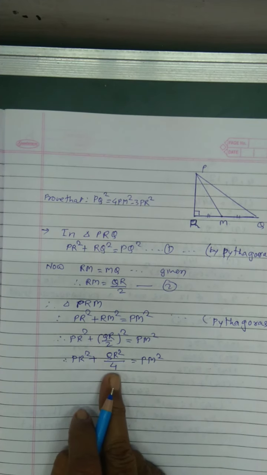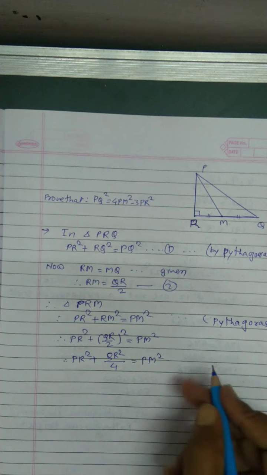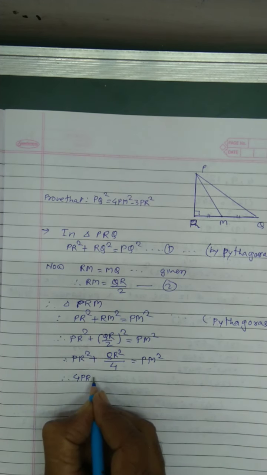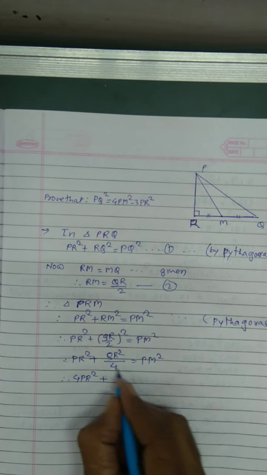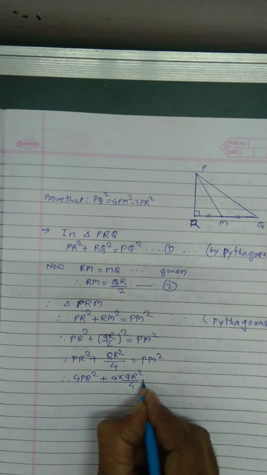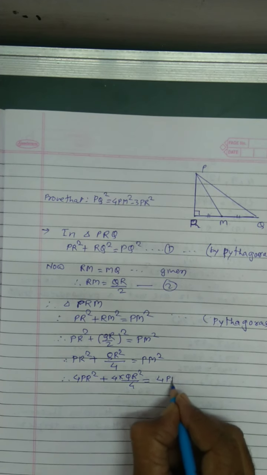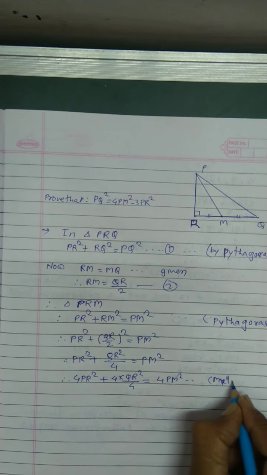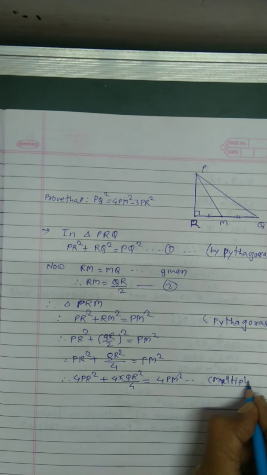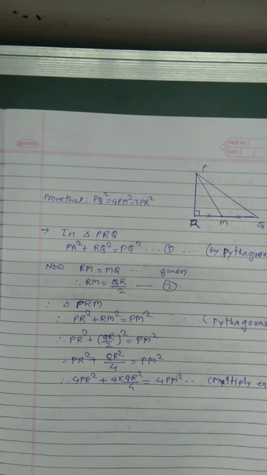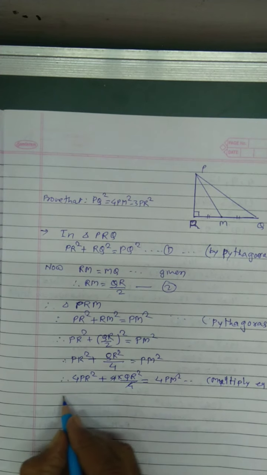Here the 4 is the denominator. We have to multiply the equation by 4. We get 4 PR square plus 4 into QR square upon 4 is equal to 4 PM square. Multiply the equation by 4. 4 gets cancelled.